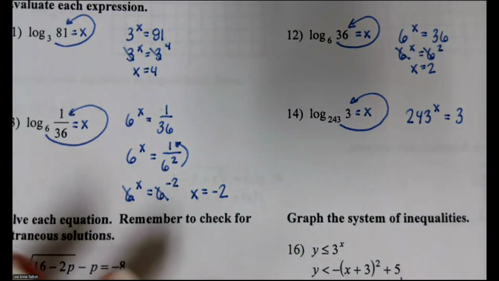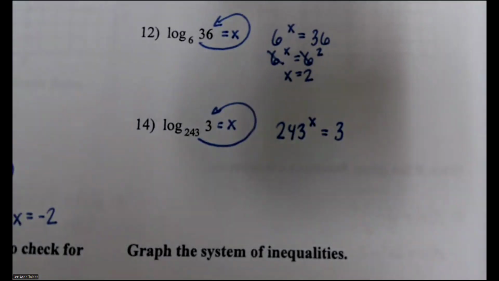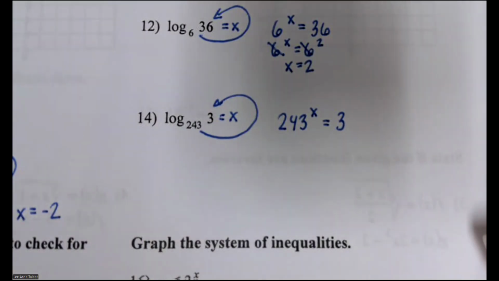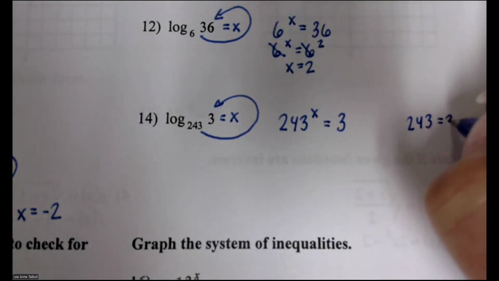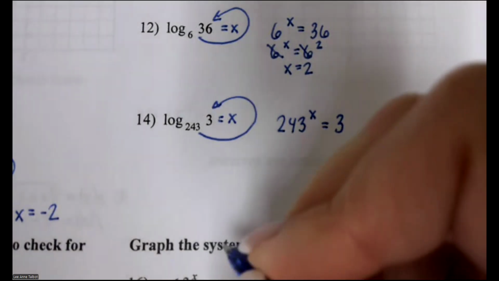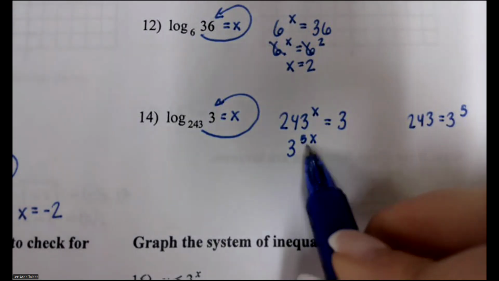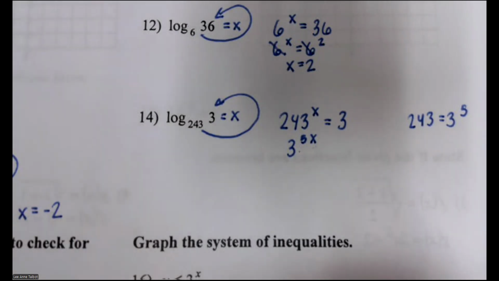Okay, now this one we got to slow down a tiny bit. 243 is 3 to the what? You have a calculator, remember? 3 to the 5th, right? So remember, when you change that to 3 to the 5th, the x will get multiplied onto the exponent there.